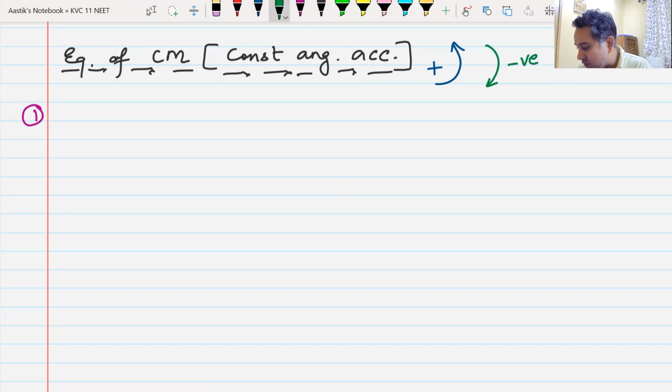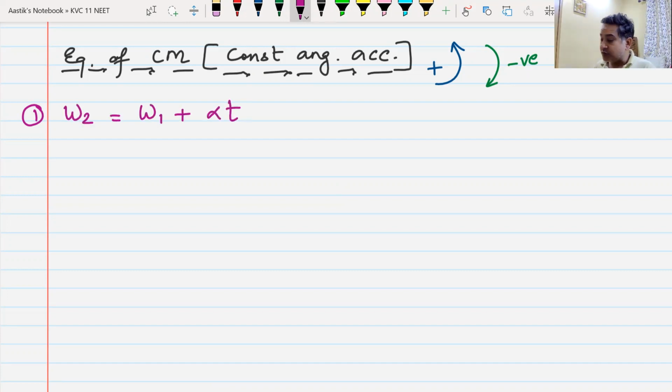You understand the meaning of anti-clockwise and clockwise? So if you take this convention, we don't have to take them as vectors, we can take them as numbers. First equation: omega 2 will be equal to omega 1 plus alpha t. What is omega 2?